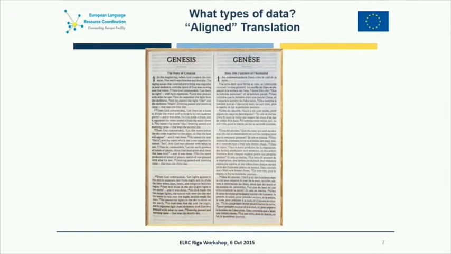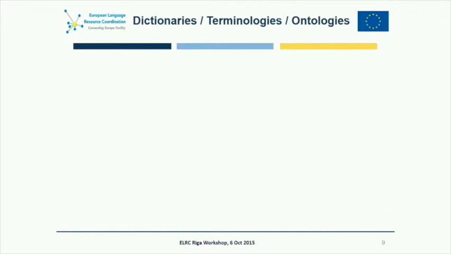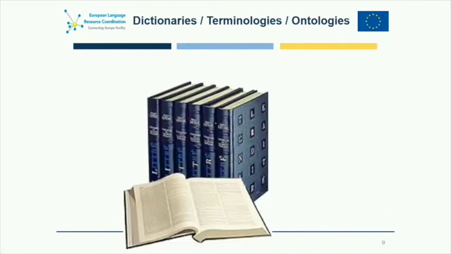But if you would look down or go into further detail, you would see that even in just normal, non-aligned translations, a sentence can vary, it can be split, especially, for instance, in my language, which is German, where sentences can take lines and lines and lines, while in English, you would just have different sentences. So there's already a problem, and it's a complexity that you somehow need to handle. You need to give some indication, some help to the machine just to be able to deal with it.